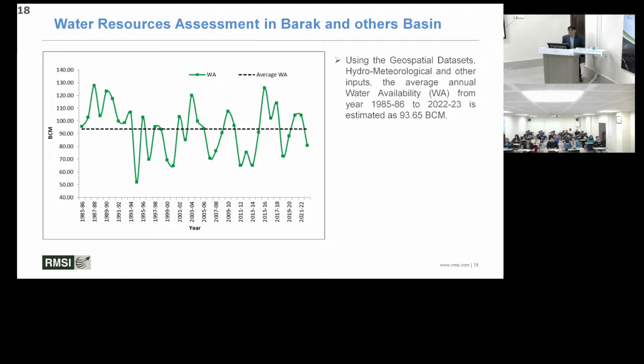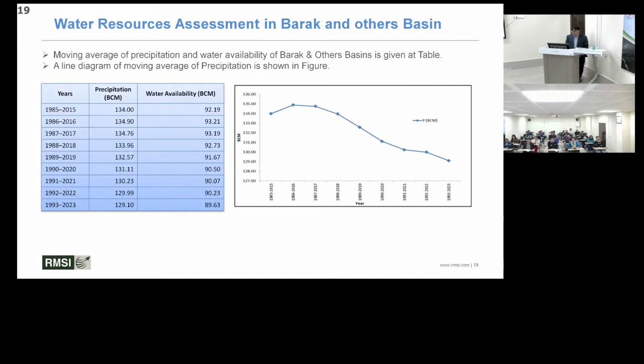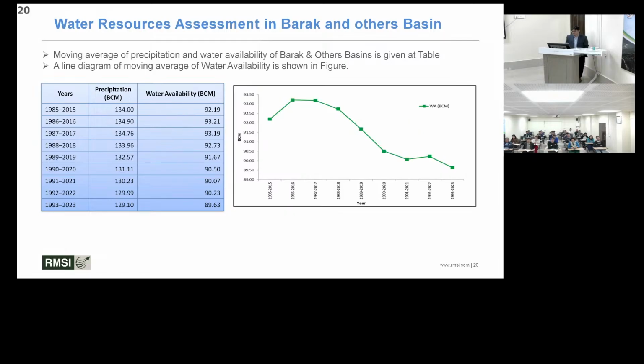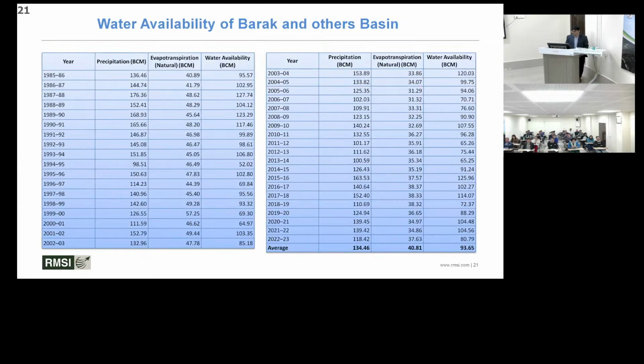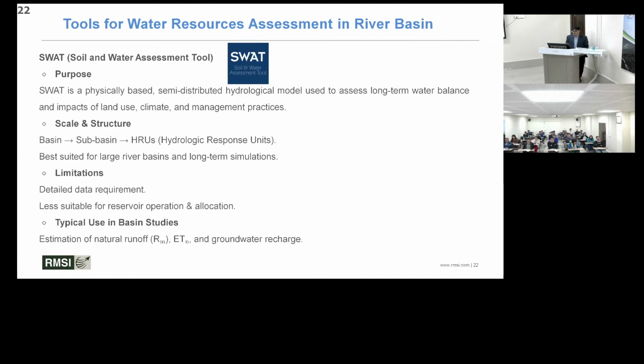You have considered the evapotranspiration, your rainfall precipitation input, and the inflow from the upstream catchment, and considering all these values, you can estimate the time series values of the water availability of your particular basin. This is how the water resources assessment is declining. For the Barak and other basins, these values are given in this report.